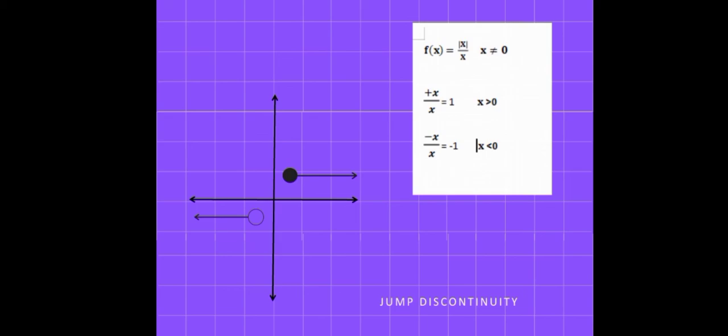If x is greater than 0, we will have positive x over x, or positive 1 over 1, giving us 1. If x is less than 0, we will have negative x over x, negative 1 over 1, which is equal to negative 1.